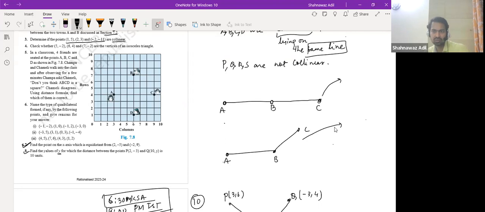Here, in the first one, A, B, C are collinear. But in the second one, only AB is collinear. Yeah, absolutely right. But we only know about the distances, right? So from distances, using the distance formula, how can we decide whether they are collinear or not?